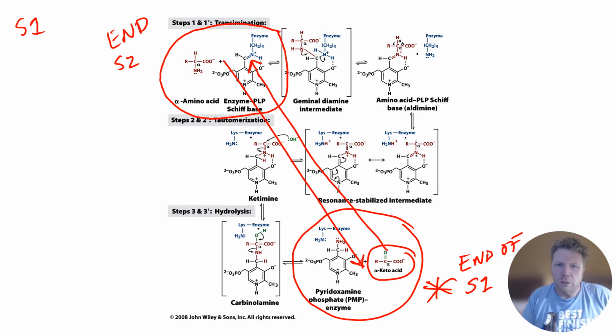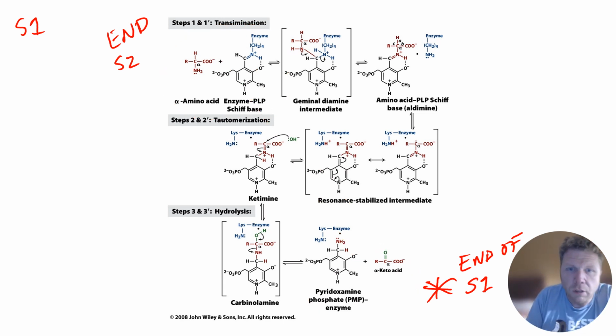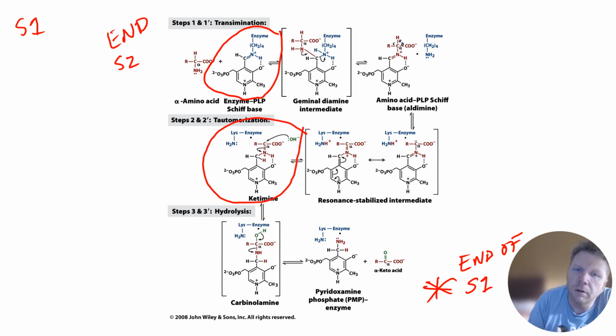What I want y'all to know, and what you need to know about this, is I need you to be able to recognize a couple of structures. One structure is this right here. Another structure is this ketimine. In addition to knowing what the ketimine looks like, you absolutely need to know what's the purpose of that hydroxide.